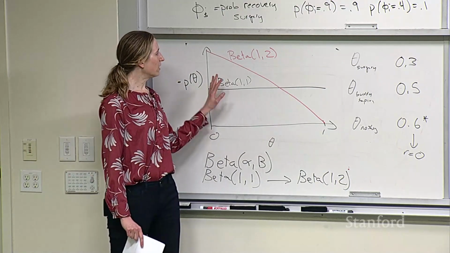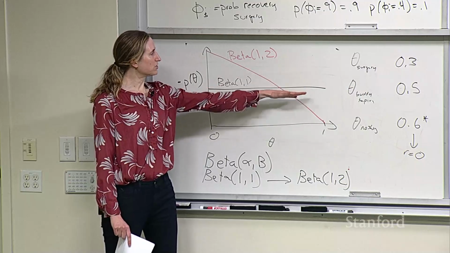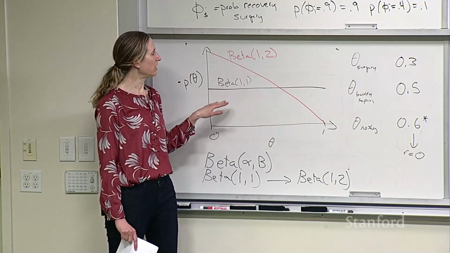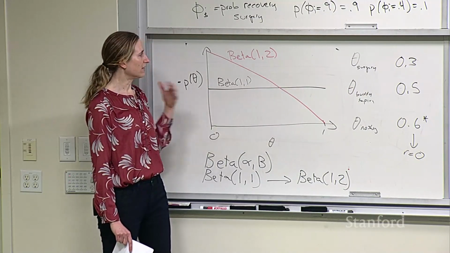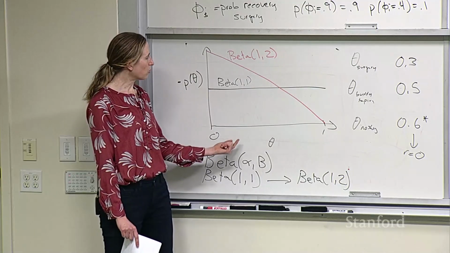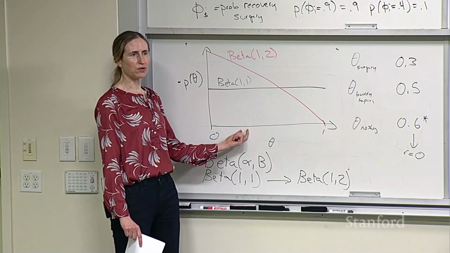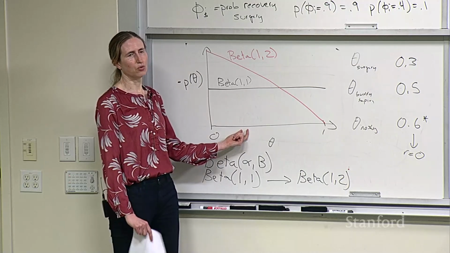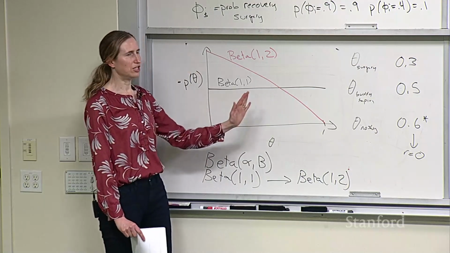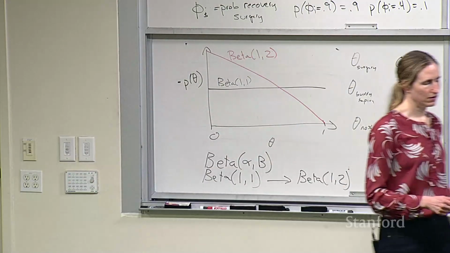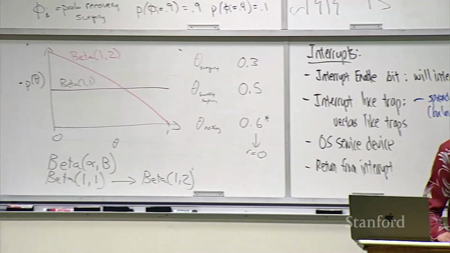For the things that we don't know, we're still totally agnostic about whether they're effective or not. For the thing we just tried, do nothing, we got a 0, so it is more likely that our actual theta is lower, because a lower theta, in general, will generate more zeros. And so we've changed our distribution.